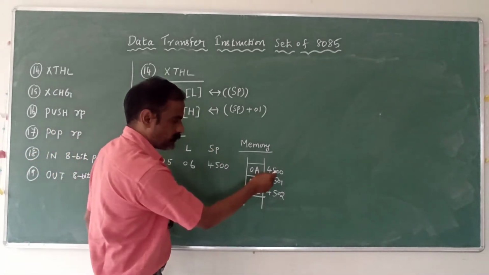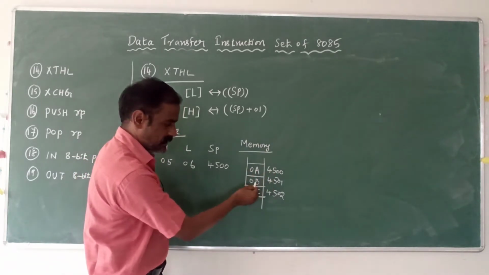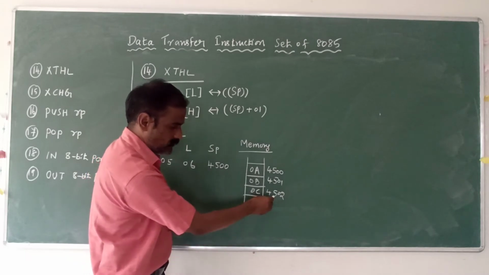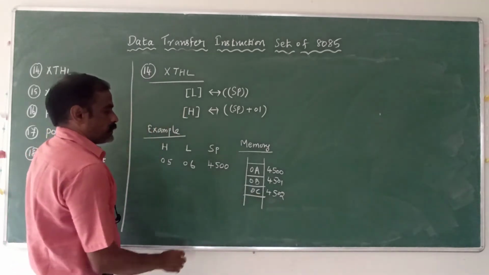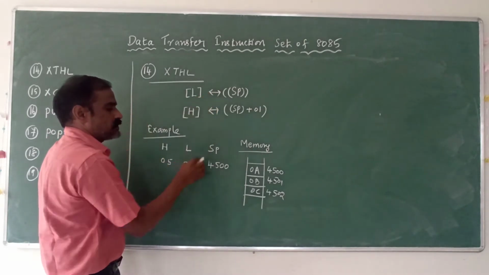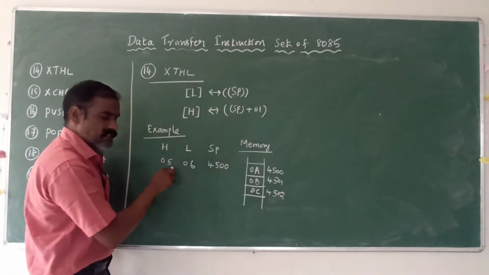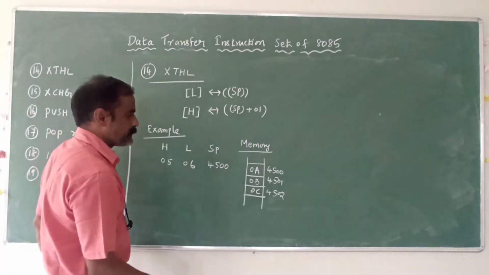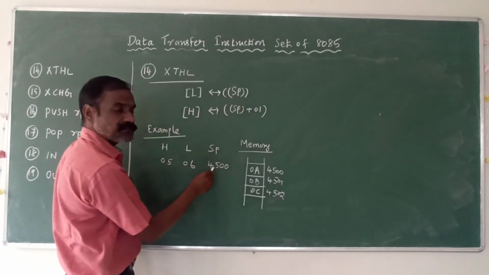The stack pointer 4500 address location data is 08, the next address location data is 0B, and the next address location data is 0C. Okay, this is before executing this instruction.